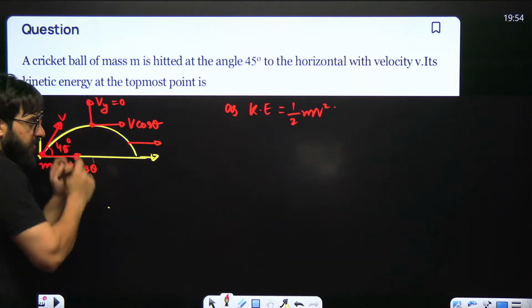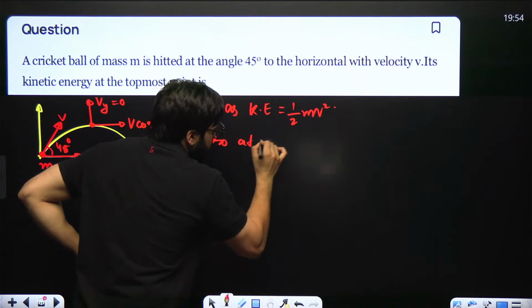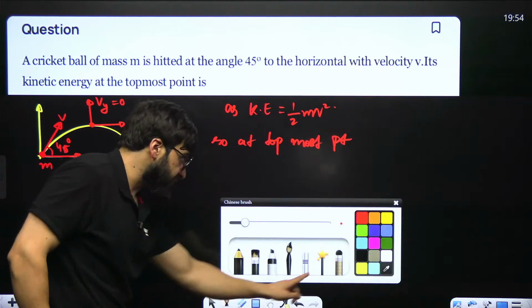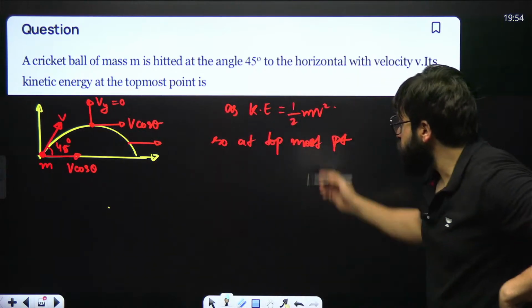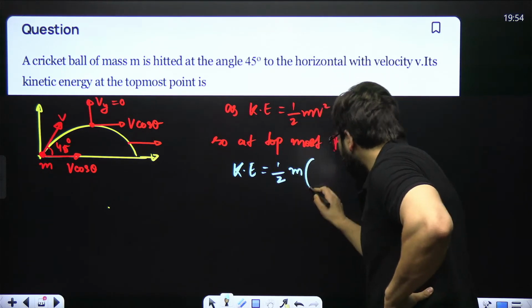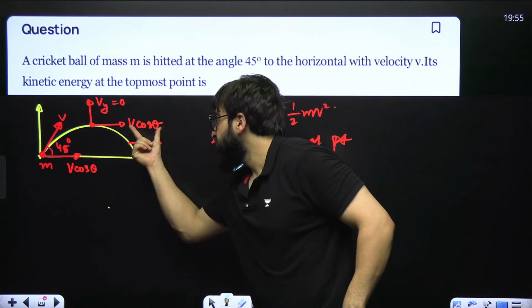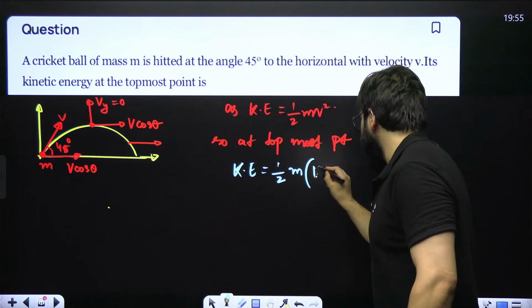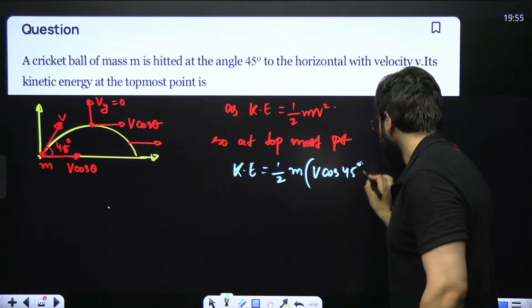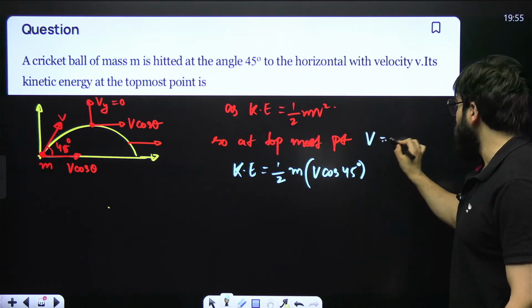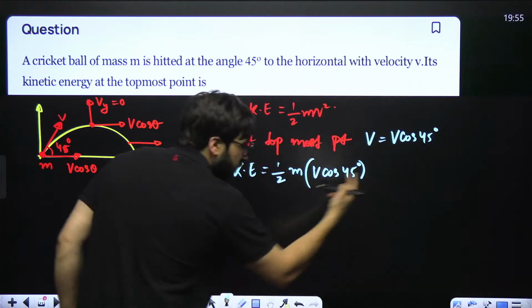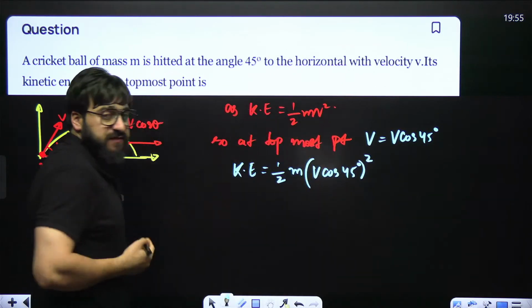So at the topmost point, can I write the kinetic energy will come out to be 1 by 2, mass is m, and the velocity at the topmost point is v cos theta, and theta is 45. At the topmost point the velocity is v cos 45 only. Now cos 45 is squared, because it is v square.